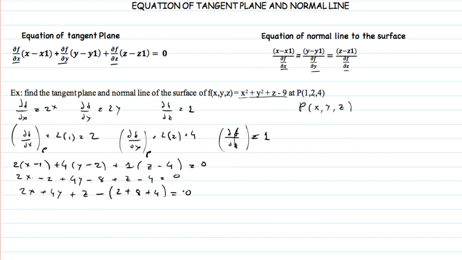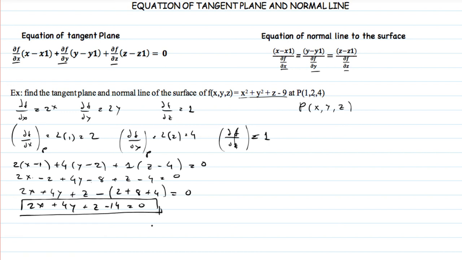The value of 2 plus 8 is 10, plus 4 is 14. So we have 2x plus 4y plus z minus 14 equals 0. This is the equation of the tangent plane.